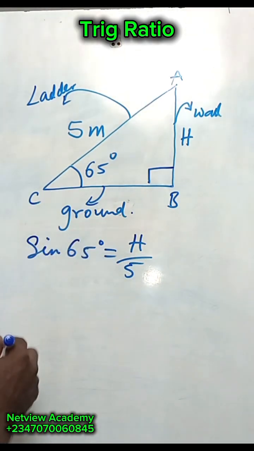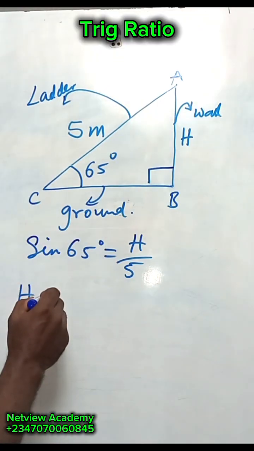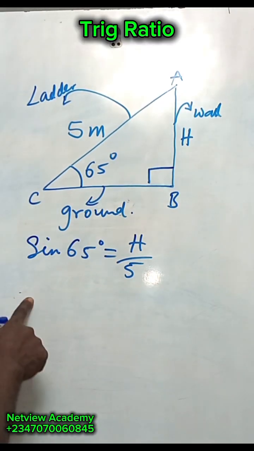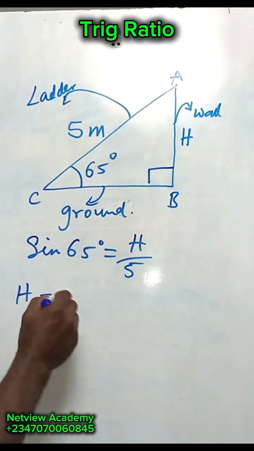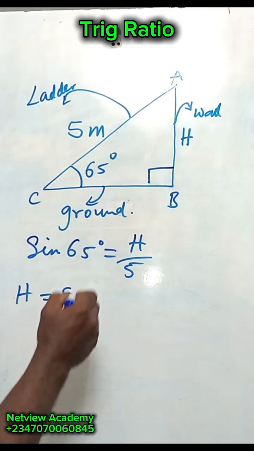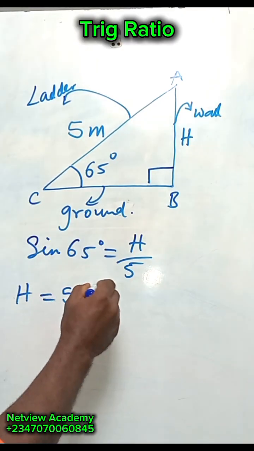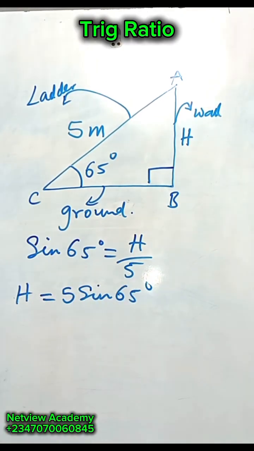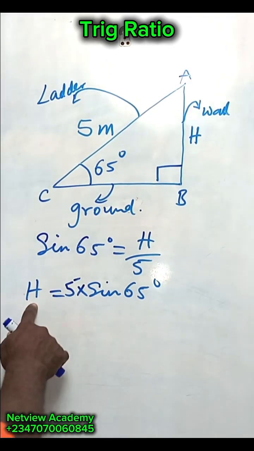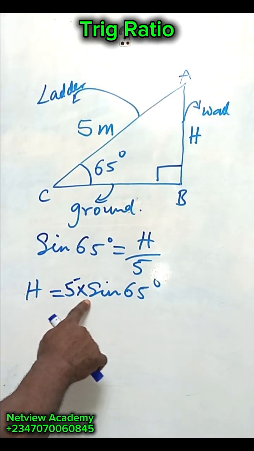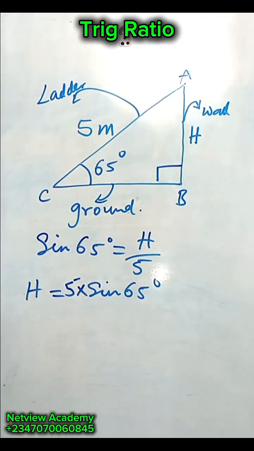Now if I cross multiply, this becomes H is equal to 5 multiplied by sine 65 degrees. Therefore, H is equal to 5 multiplied by sine 65 degrees.